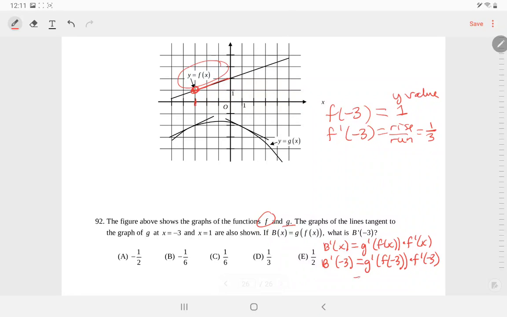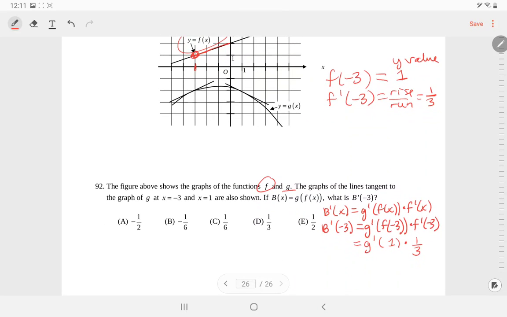Okay, so this is g prime of 1 times 1/3. Okay, g prime of 1. So that is the slope of g at 1. So here's 1. Now they said the tangent line at 1. So what is the slope of that?